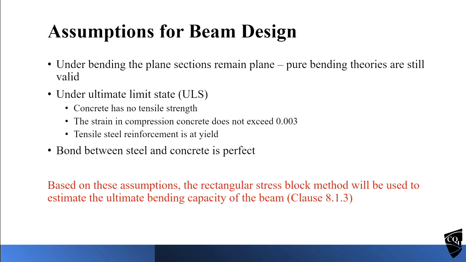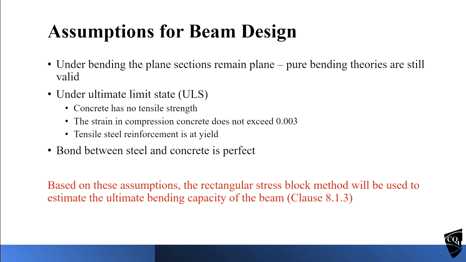So that can take a little bit of tension in the service. But in ultimate, there is no tensile strength. So tensile strength of the concrete is assumed as 0 under the ultimate case. The concrete cannot take any tensile force, only compression. All the tensile forces should be taken by steel.